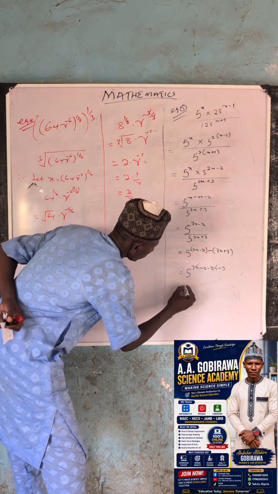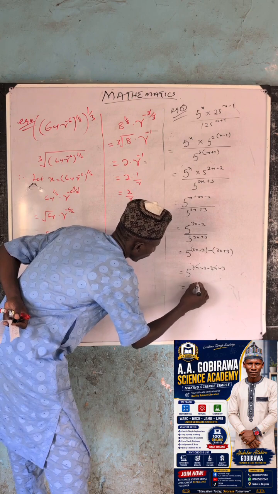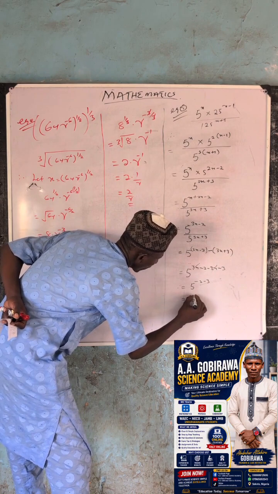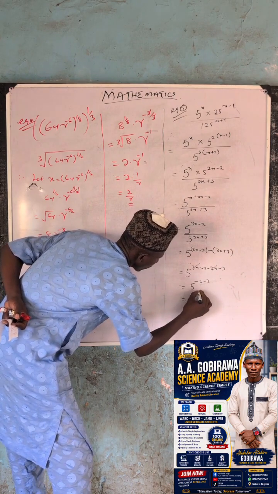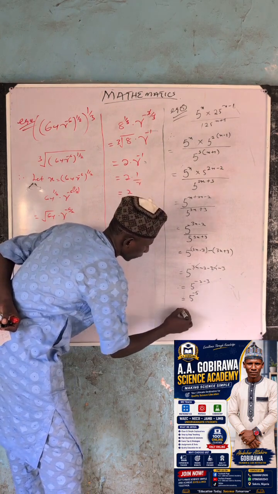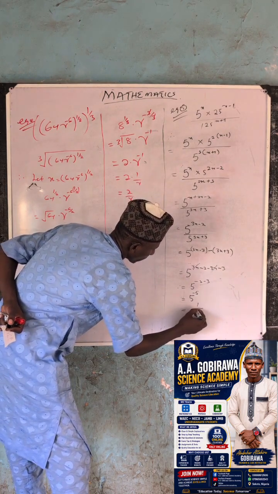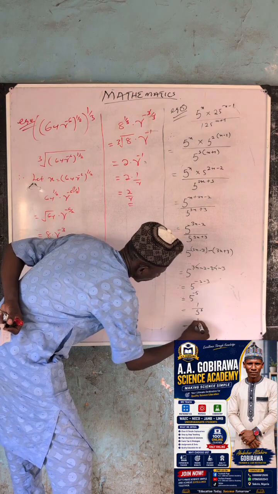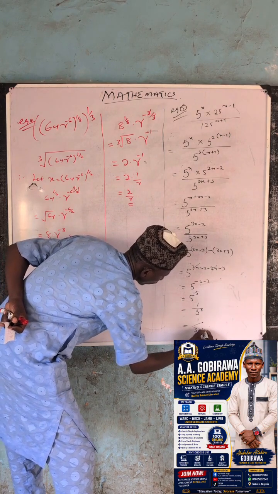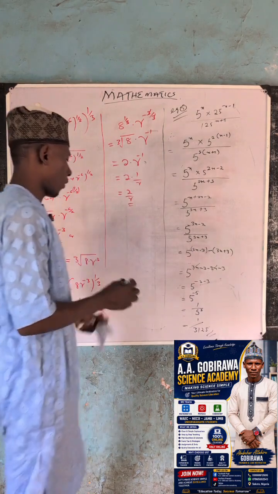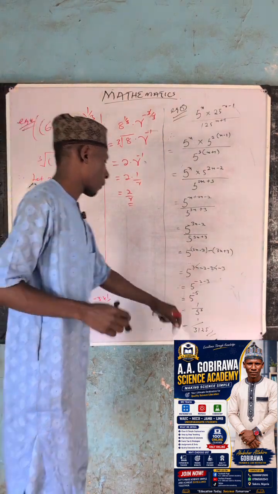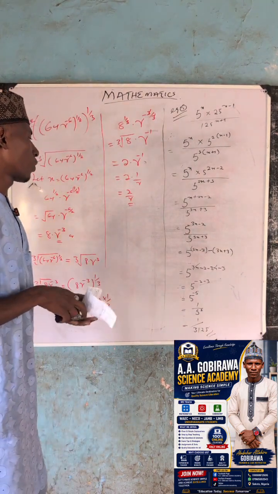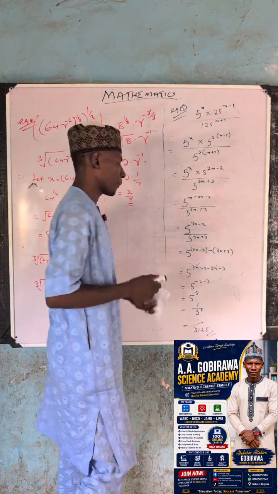This goes with this, so we have 5 power minus 5, which is 1 all over 5 power 5, which is 1 all over 3125, because 5 power 5 is 3125. We understand. So this is our final answer.